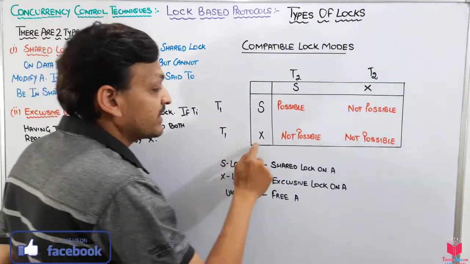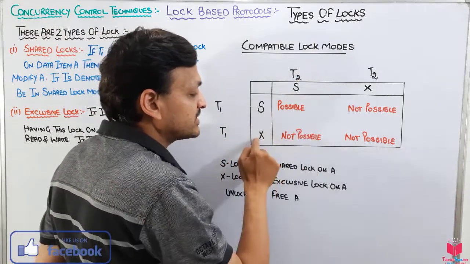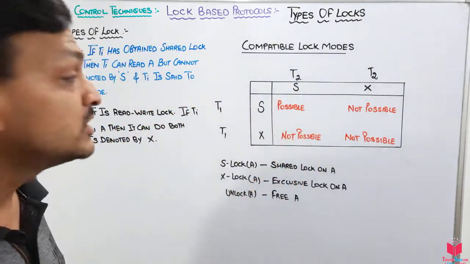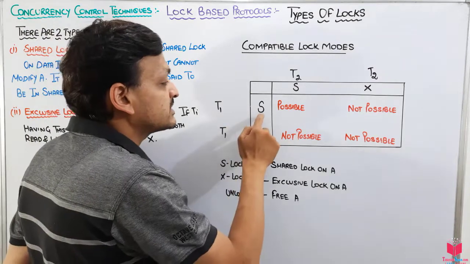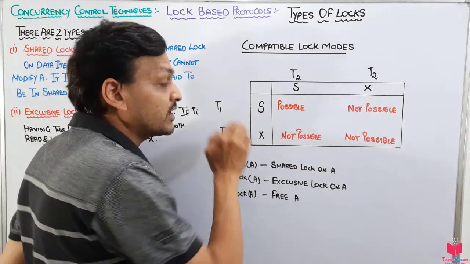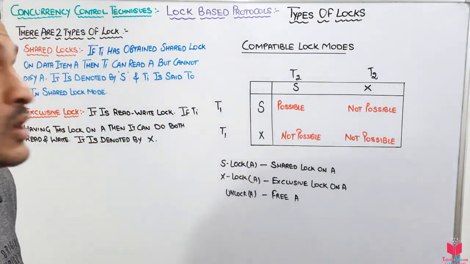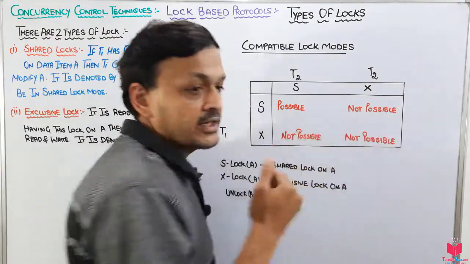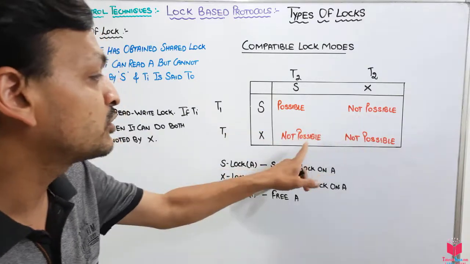If T1 has an X lock, can T2 have an X lock? No, it cannot have any other lock either. So only if there is an S lock held by transaction T1 can another transaction also use the shared lock; in every other case we cannot use any lock, because it is not possible.